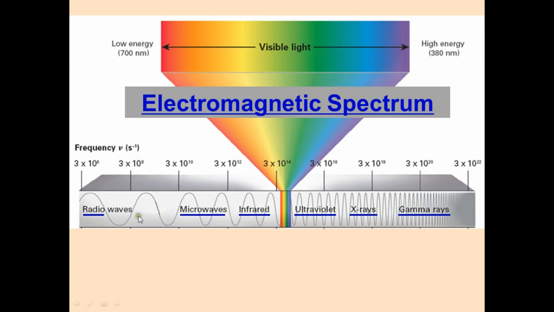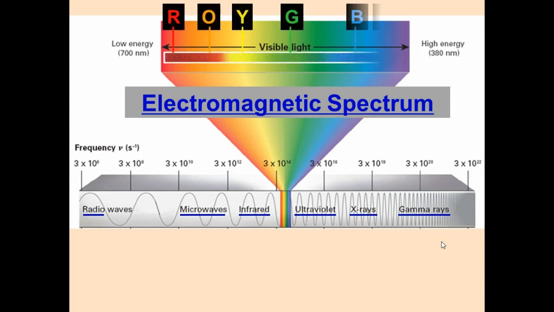And so they stand for radio waves, microwaves, infrared waves, visible light, ultraviolet, X-rays, and gamma rays. And this is in order from weakest to strongest. And of course, to remember visible light, think of Roy G. Biv. And a good way to remember which side is weaker and which side's stronger is, think of infrared and red as together.